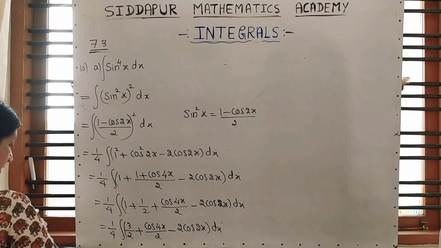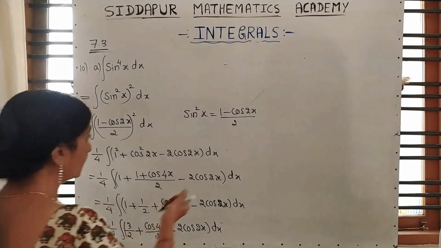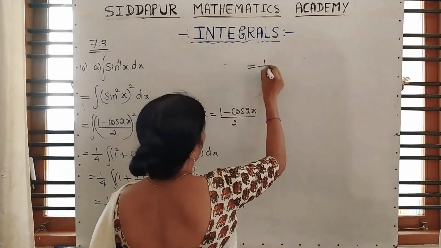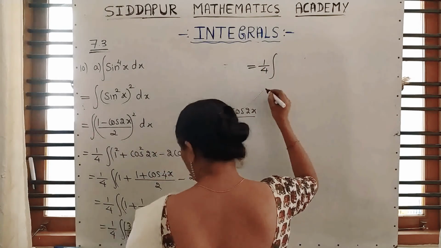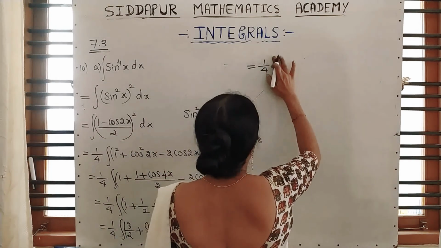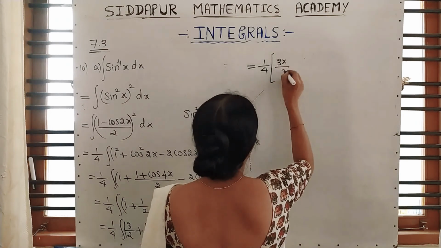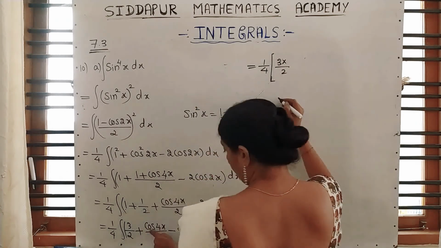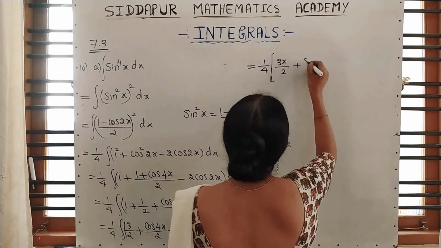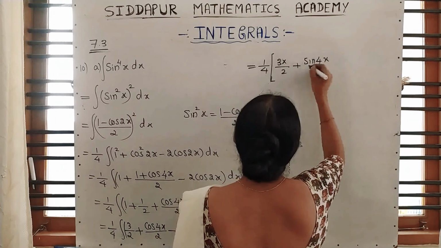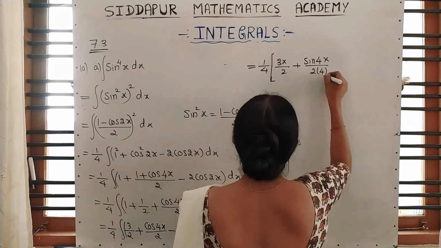Now integrate. So 1 by 4 as it is. Integration of 3 by 2 is 3x by 2. Integration of cos 4x is sin 4x upon 4. 2 is already there.